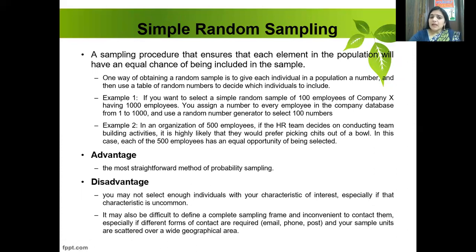One way of obtaining a random sample is to give each individual in a population a number and then use a table of random numbers to decide which individual to include. So you are just randomly selecting people.